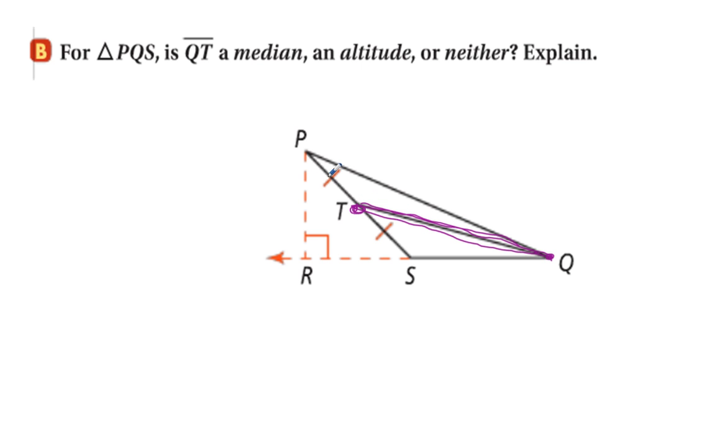How do I know it's the midpoint? Well, these two hash marks tell us that PT and ST are the same. So if it's drawn from a vertex to the midpoint of the opposite side, that would make QT a median. So QT is the median of triangle PQS. Make sure this is in your notes and look forward to seeing it in your notes tomorrow.